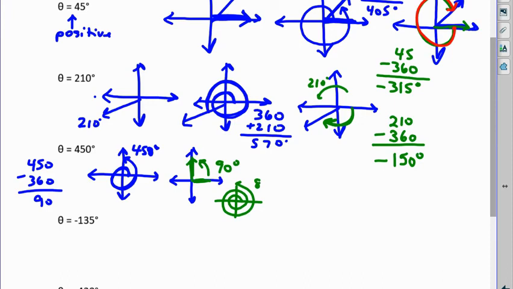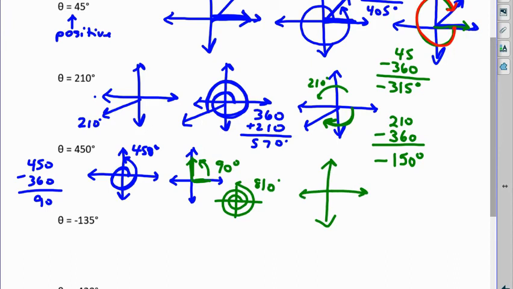Let's see. Is that 800? I've got to double check this. 360 times 2 plus 90 is, oh yeah, 810. Yeah, 810 degrees. You could say that. Those would both be coterminal. They'd both be correct answers.